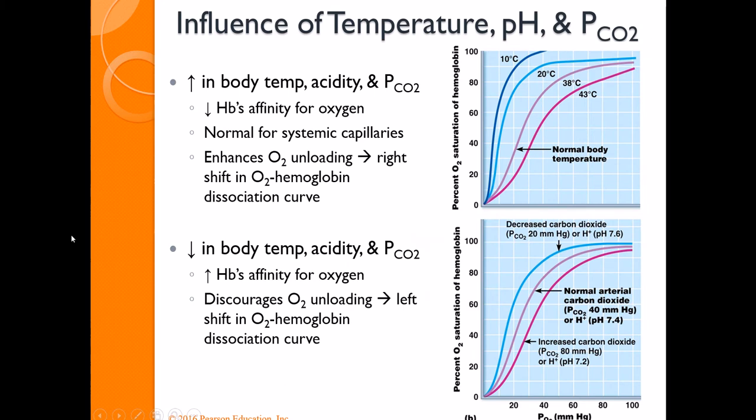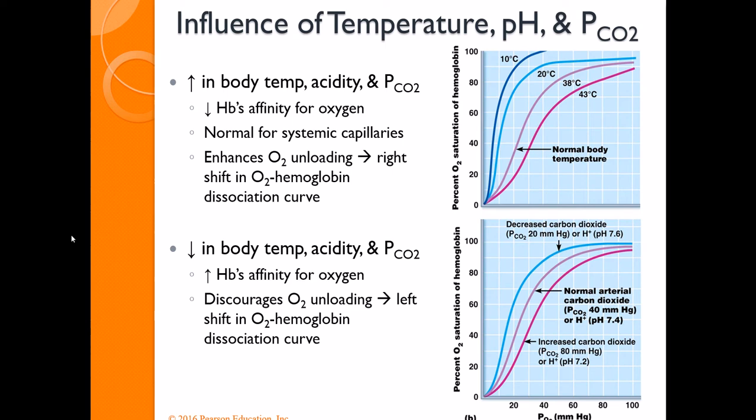If you look at how temperature, pH, and the partial pressure of carbon dioxide affect how hemoglobin and oxygen bind to each other, we'll see that anytime we increase the body's temperature, which means we are having an active tissue, that also increases the acidity because our active tissues make lots of hydrogen and also produce lots of carbon dioxide.